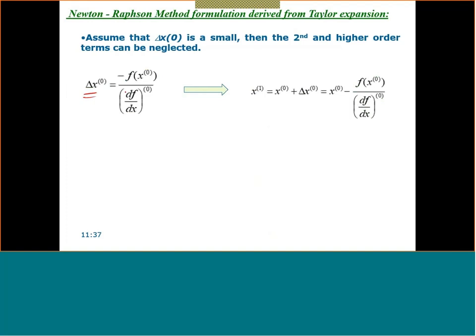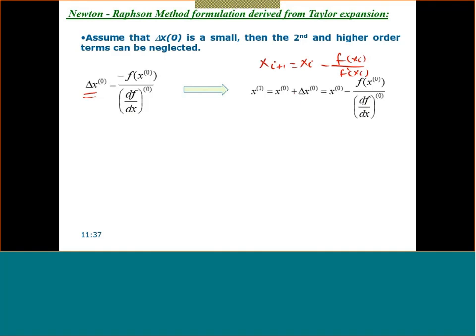So your x of 1, the current iteration, equals the previous one plus delta x of 0, and this is what we used to say: x of i plus 1 equals x of i minus f of x of i divided by f prime of x of i. So this is exactly the same formula. Okay, so we can prove the Newton-Raphson from a graph, or we can prove it from the Taylor expansion, an approximation to the Taylor expansion. Excellent.